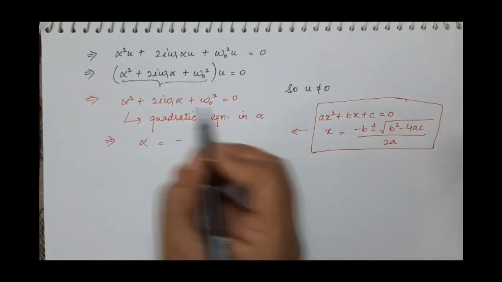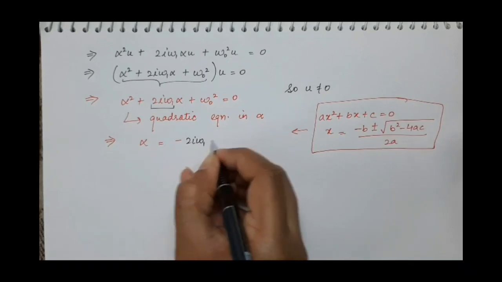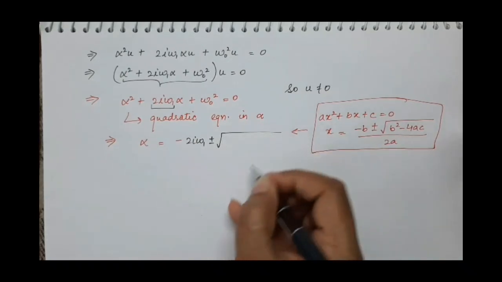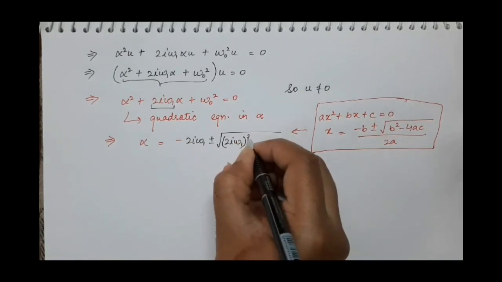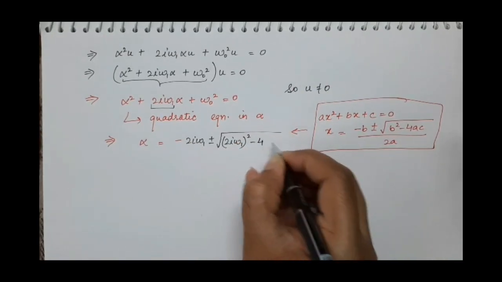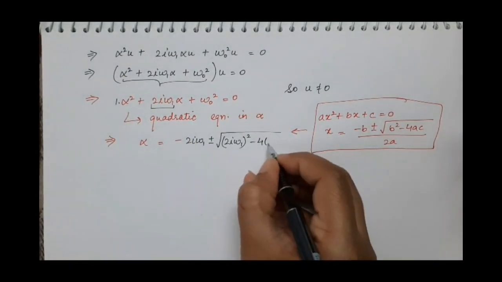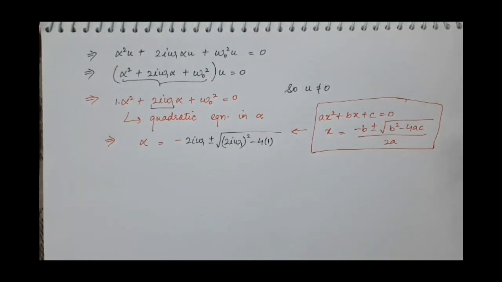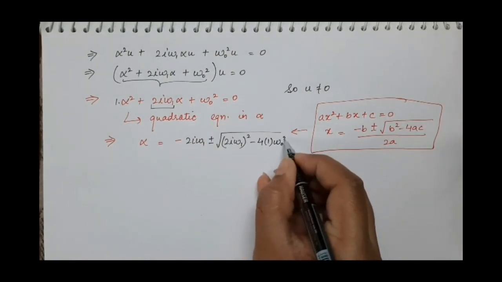So here instead of x we have alpha, so minus b. Instead of b we have 2 iota omega 1, plus minus root b square means 2 iota omega 1 whole square, minus 4, value of a is, coefficient of alpha square is 1. So value of a is 1. And what is c? It is omega naught square.